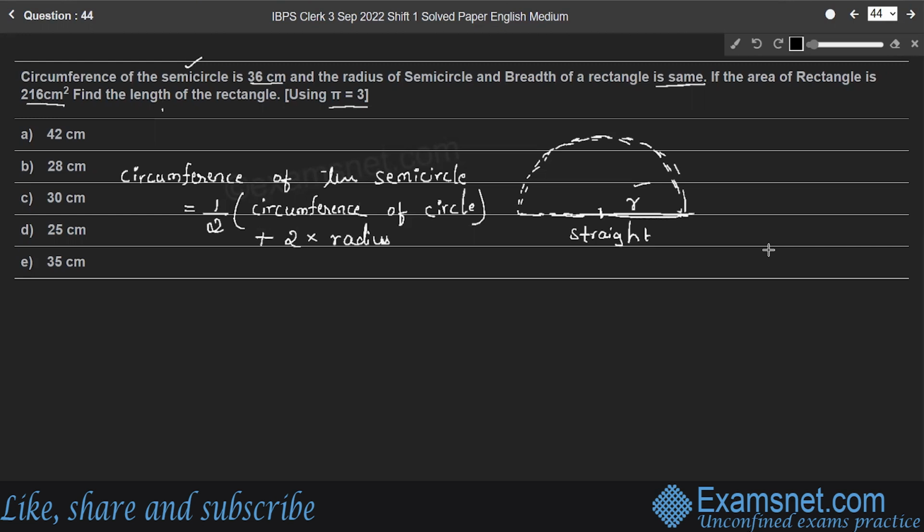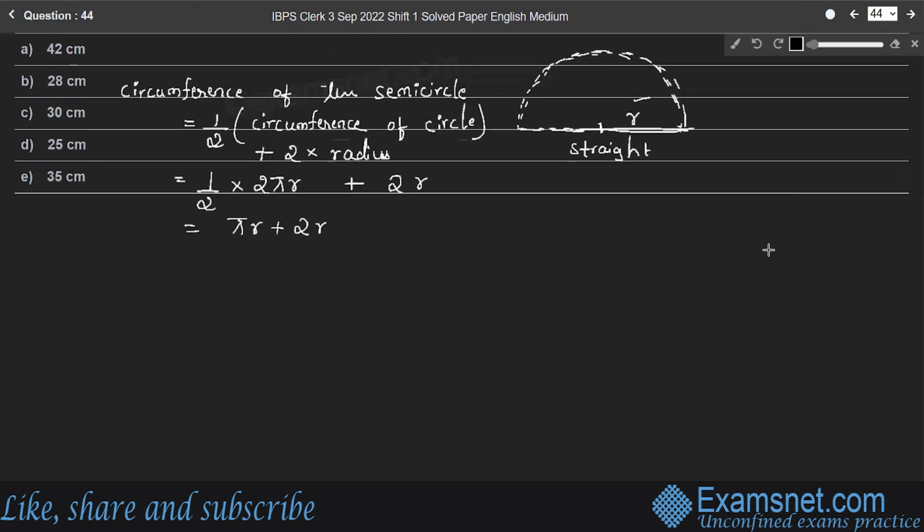So half into circumference of circle is 2 pi r plus 2 times r. That is pi r plus 2r, right? It is given that circumference of the semicircle is 36 centimeter. Therefore 36 is equal to r is common, r into pi plus 2.